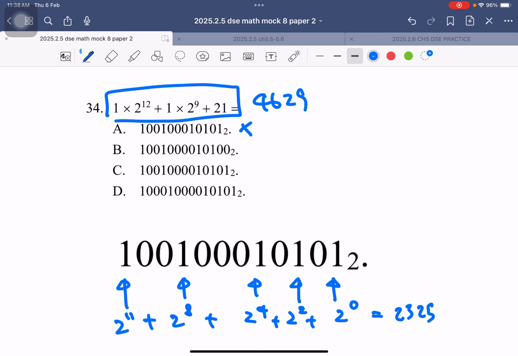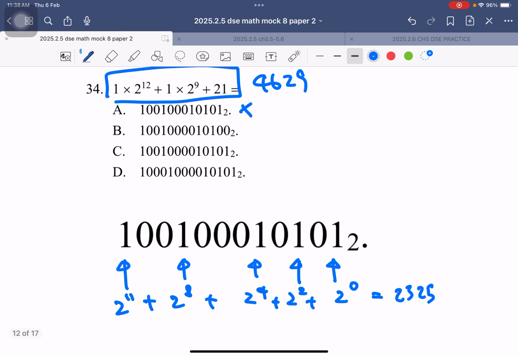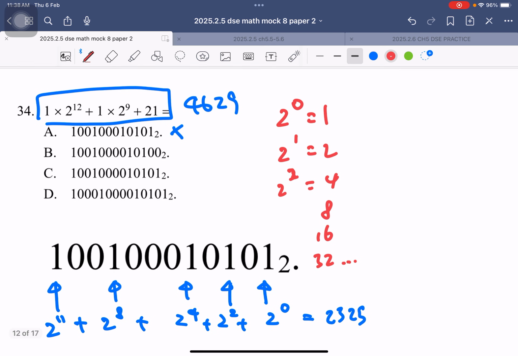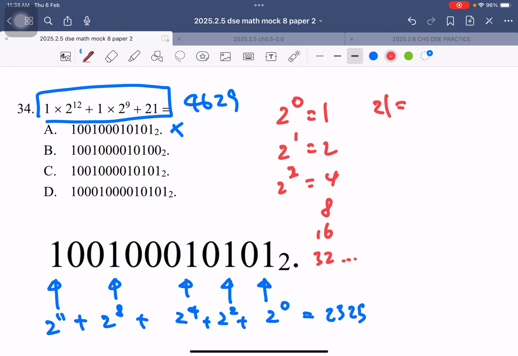Or the second method is to separate this 21. We can say 2 to the power of 0 is 1, 2 to the power of 1 is 2, 2 to the power of 2 is 4, and then 8, 16, 32, and so on. So you can see from here, 21 is equal to what plus what? You're going to think in that way first.